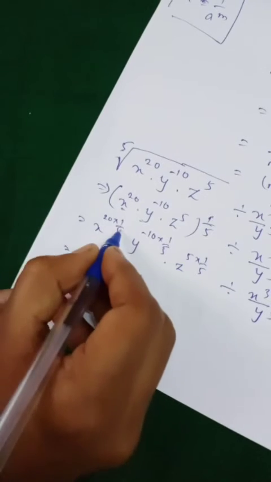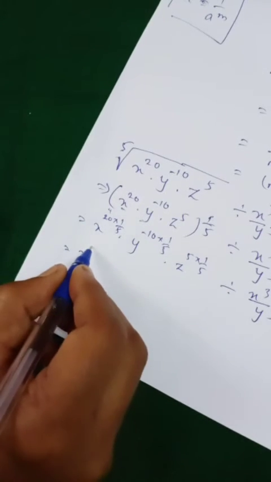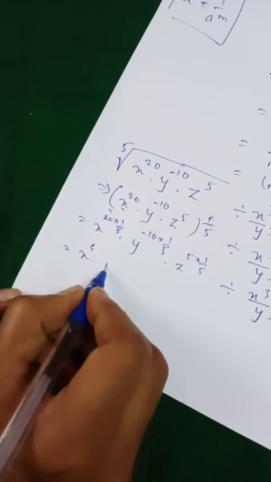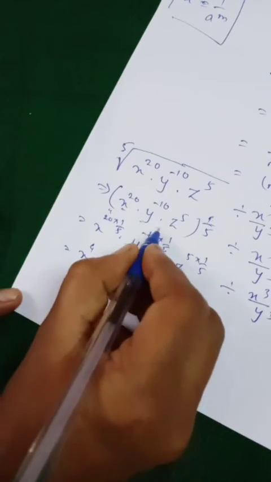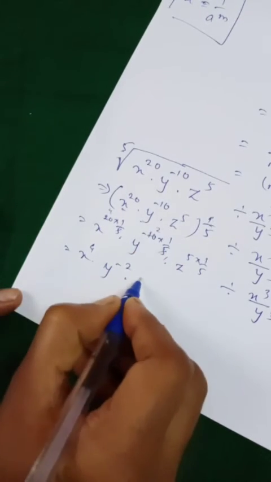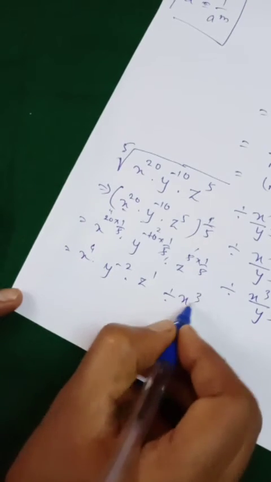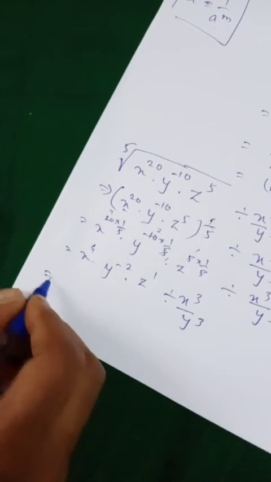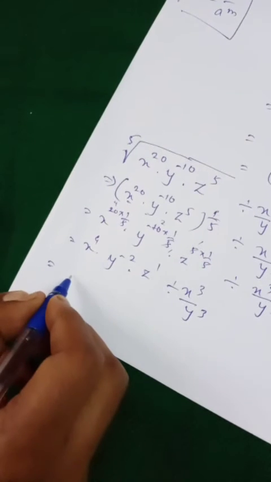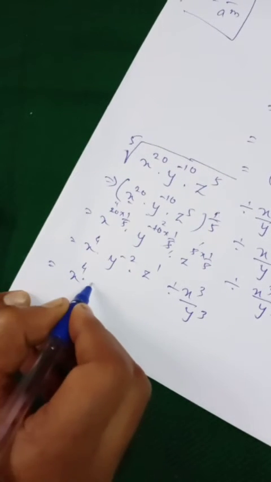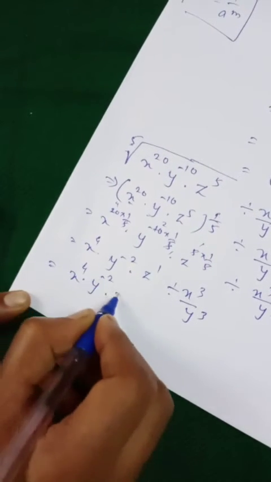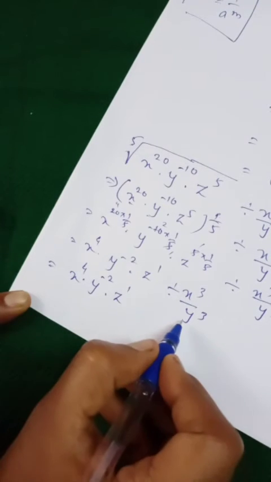So x to the power, 5 fours are 20, so x to the power 4, y to the power, 5 twos are 10, that is minus 2, z to the power 1 divided by x cube by y cube. Now x to the power 4, y to the power minus 2, z to the power 1.